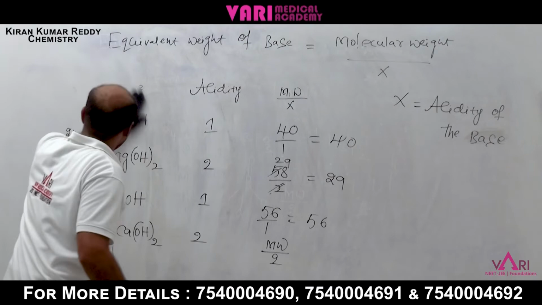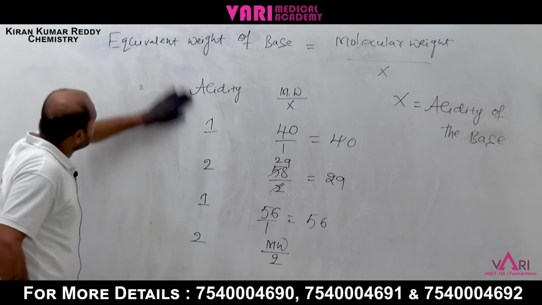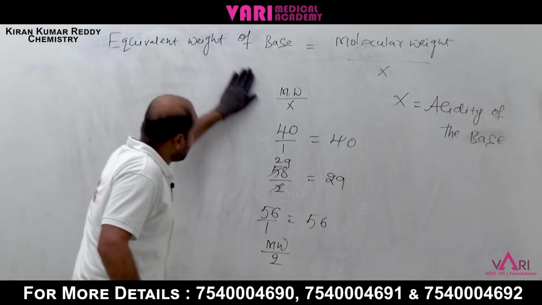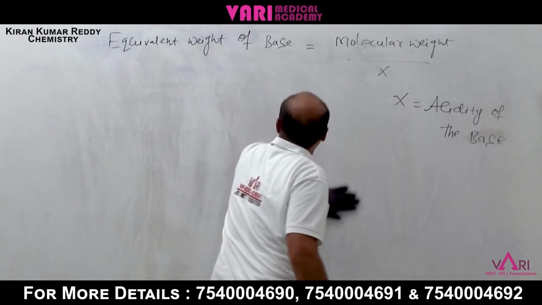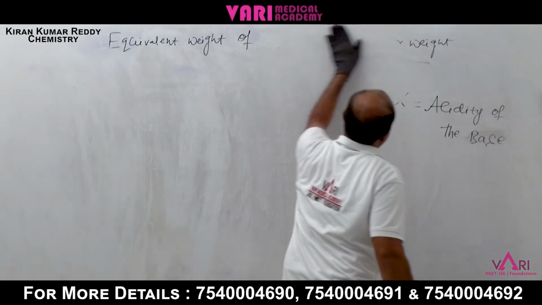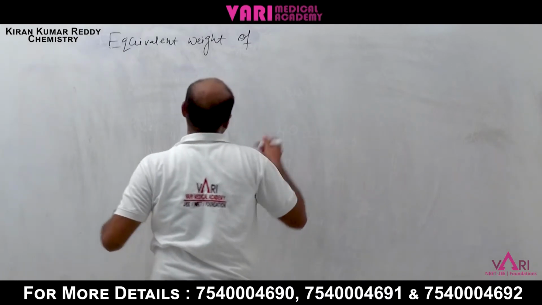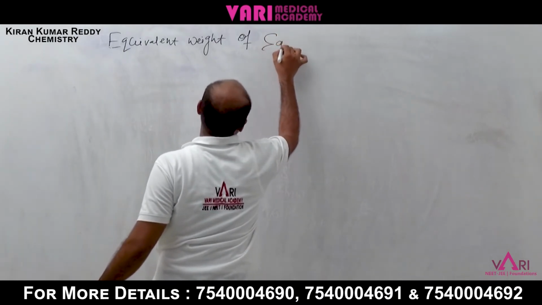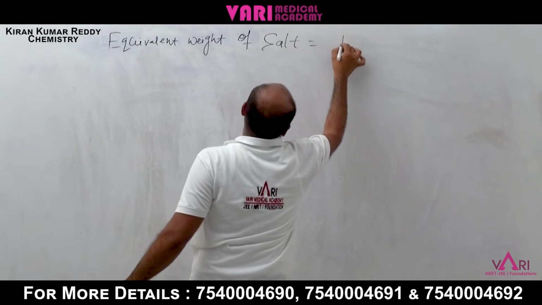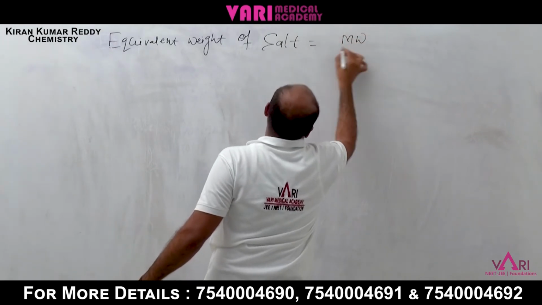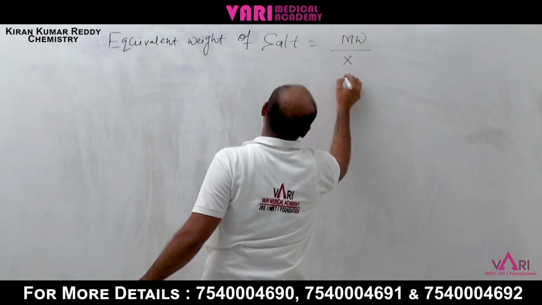Next one is the equivalent weight of salts. How to calculate the equivalent weight of salts? Write: equivalent weight of salt is equal to molecular weight by X. What is the meaning here?